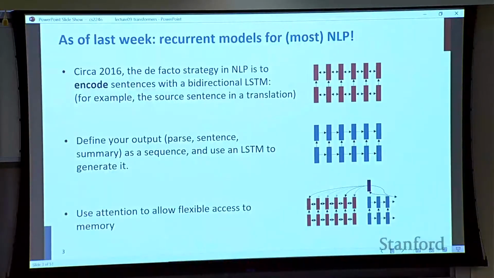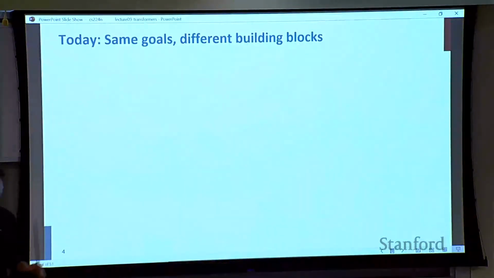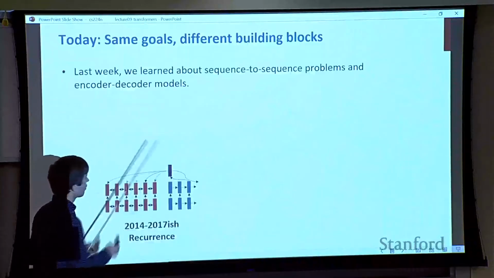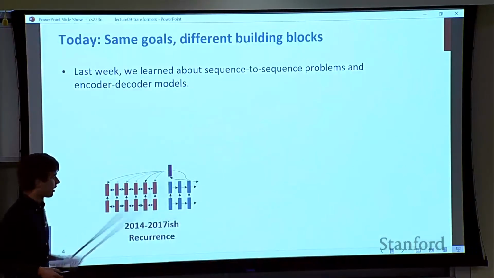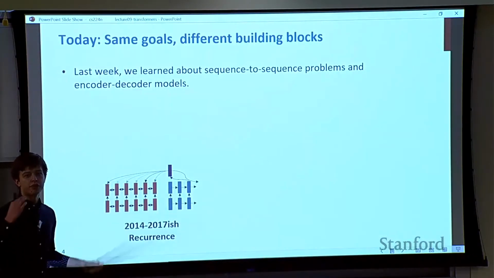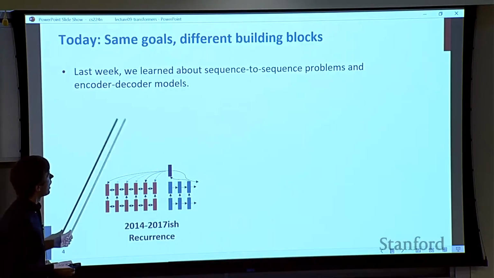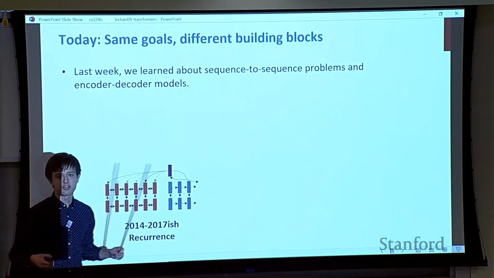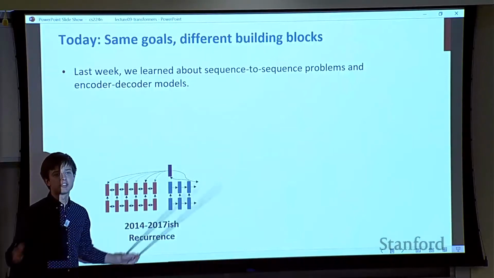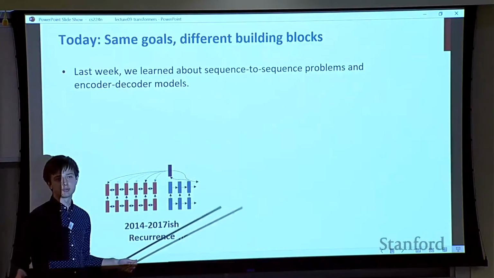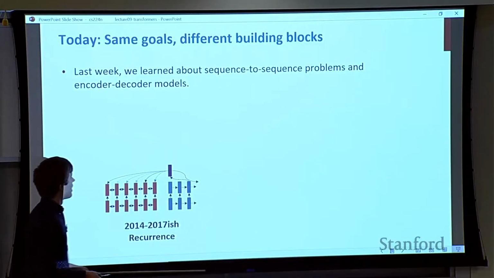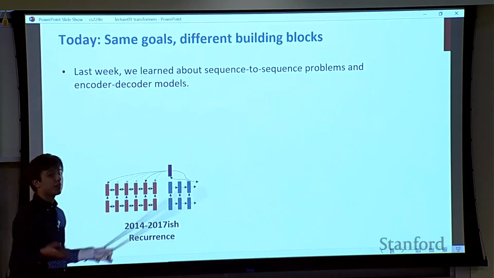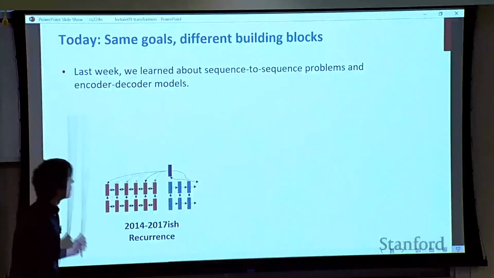And this week, we're going to do something slightly different. So we learned about sequence-to-sequence models, the encoder-decoder way of thinking about problems, more or less in order to deal with this idea of building a machine translation system that's end-to-end differentiable, right? What we'll do this week is different.